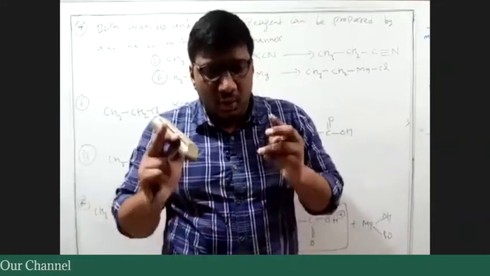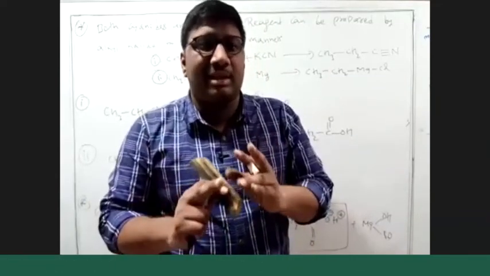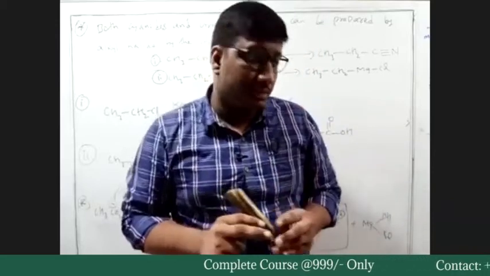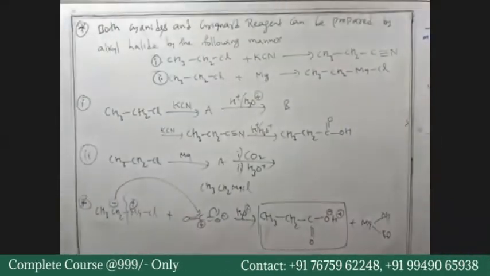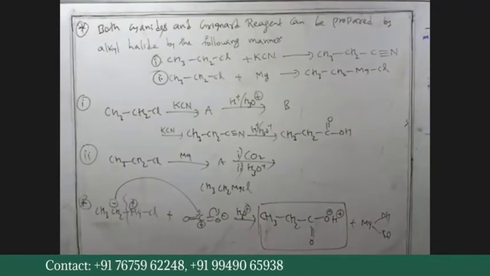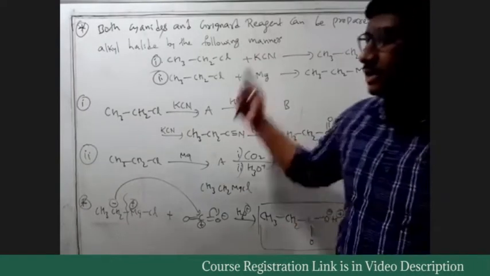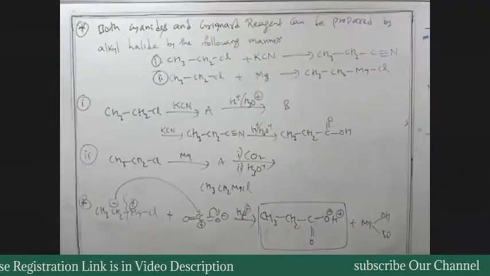Don't come to a conclusion directly. See the reaction sequence given to you very carefully and then conclude. Sometimes they will increase the length of the carbon chain. Is it clear? Note down all these examples.